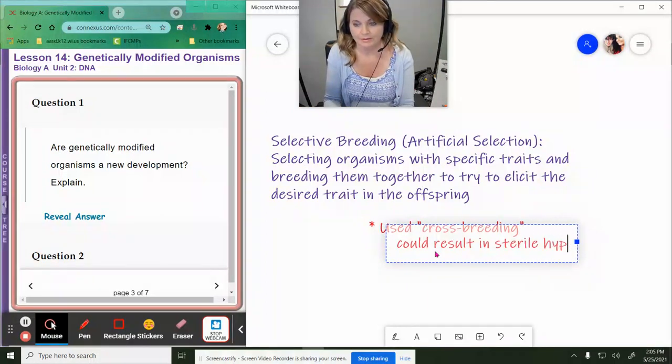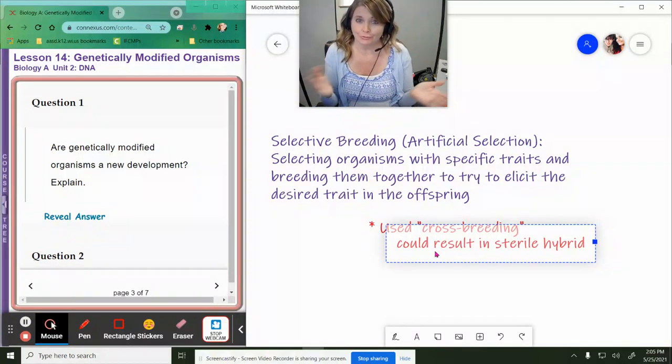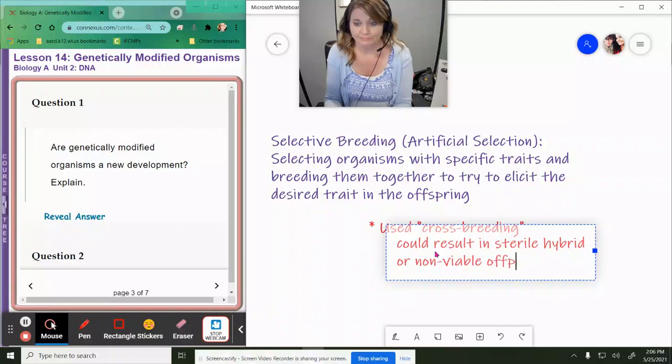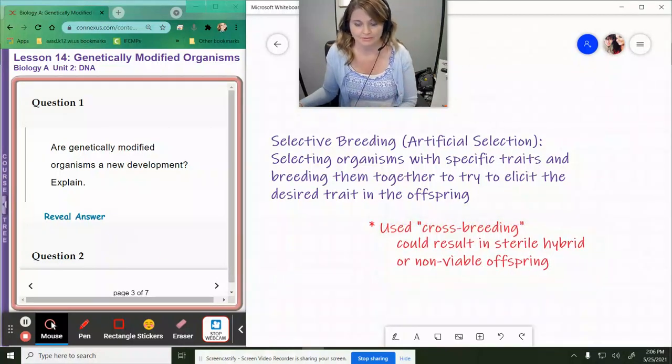The hybrid is sterile, it can't reproduce, so there's no way to get another organism with the same traits unless you, again, crossbreed. So you can't carry that on from generation to generation. And in some situations, the offspring were non-viable. They died. They just weren't able to survive.